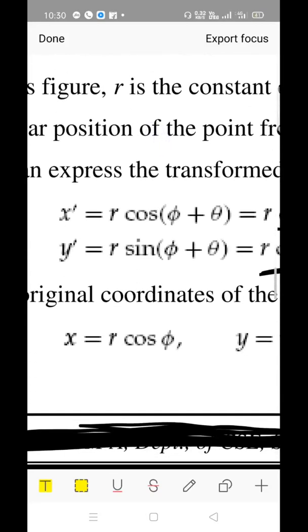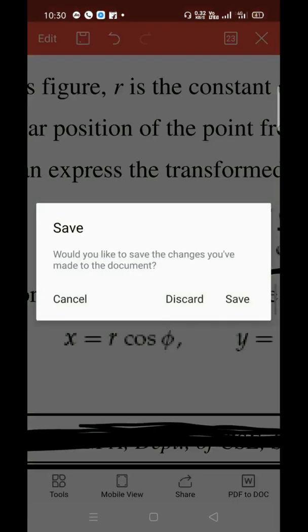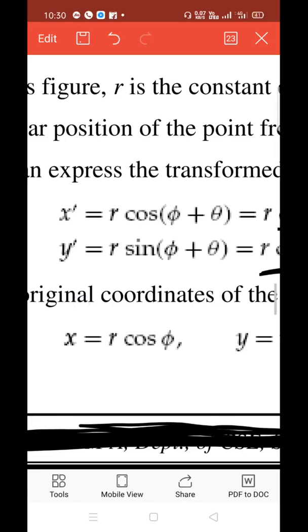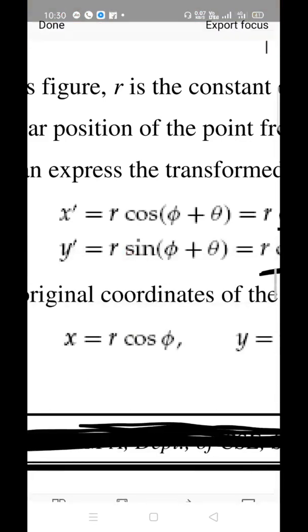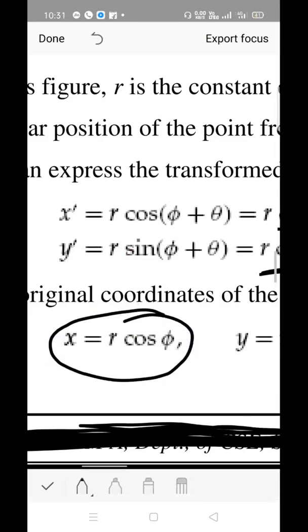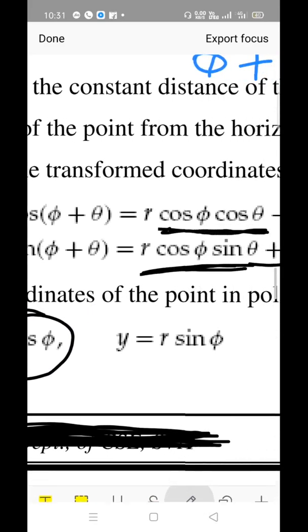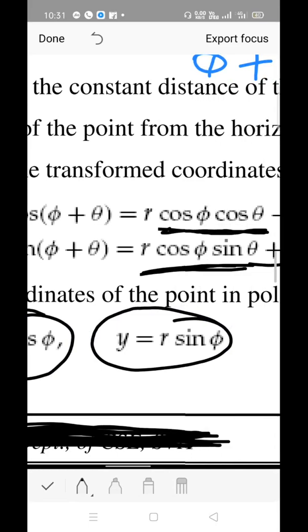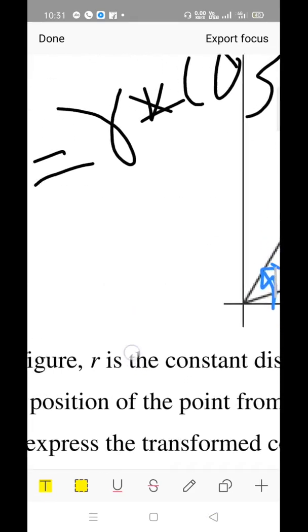Refer to the equations over here, x equal to r cos phi, and what is y? Similarly we will get y equal to r sin phi. If you have any doubt, watch the video again, pause the video, rewind the video, okay, note down the things. How is sin phi considered?